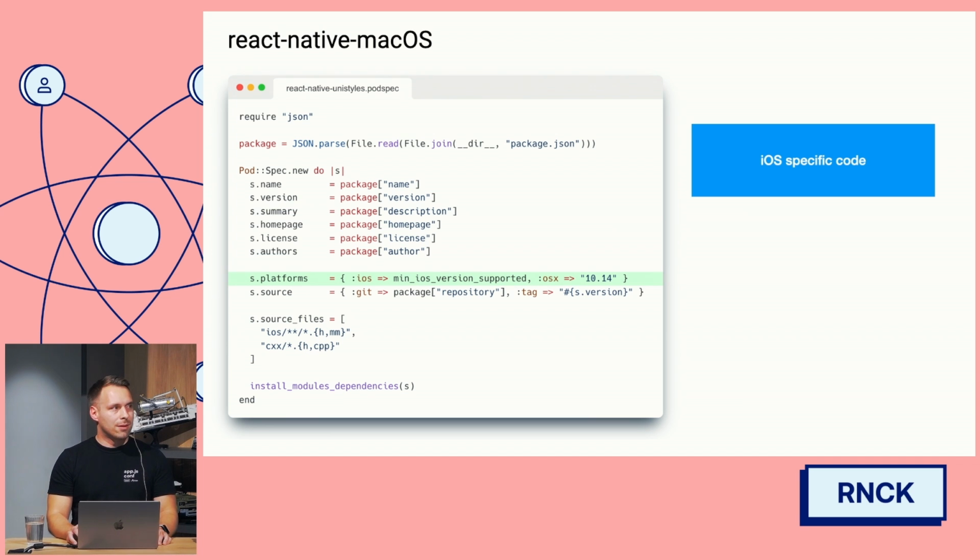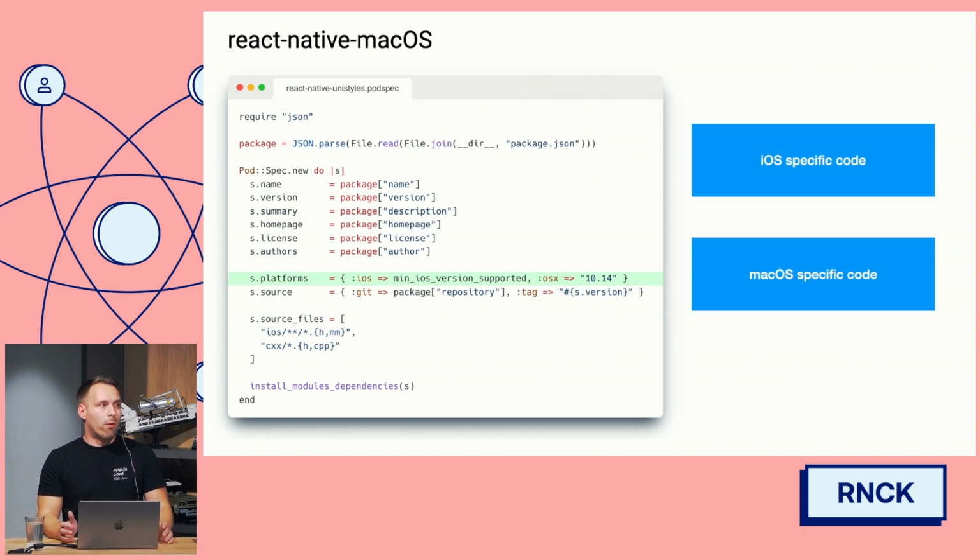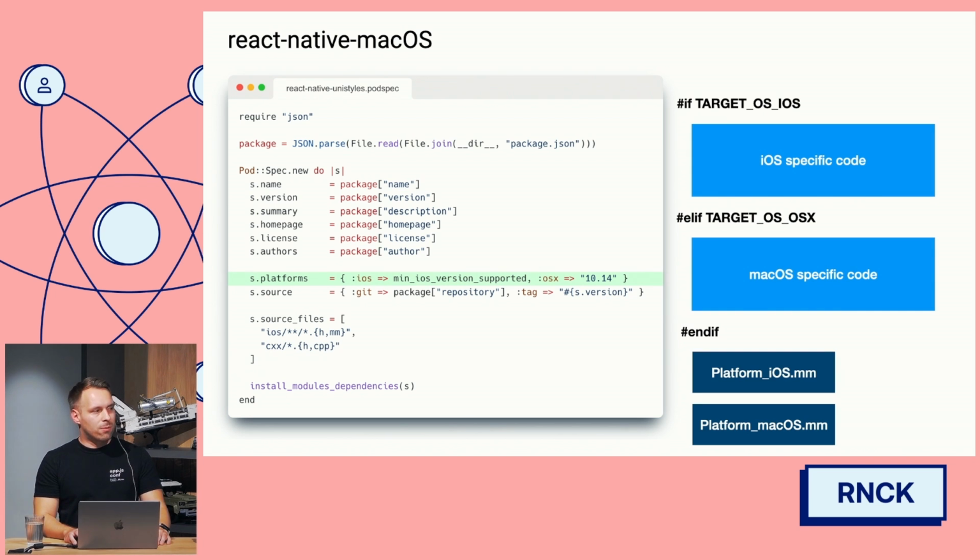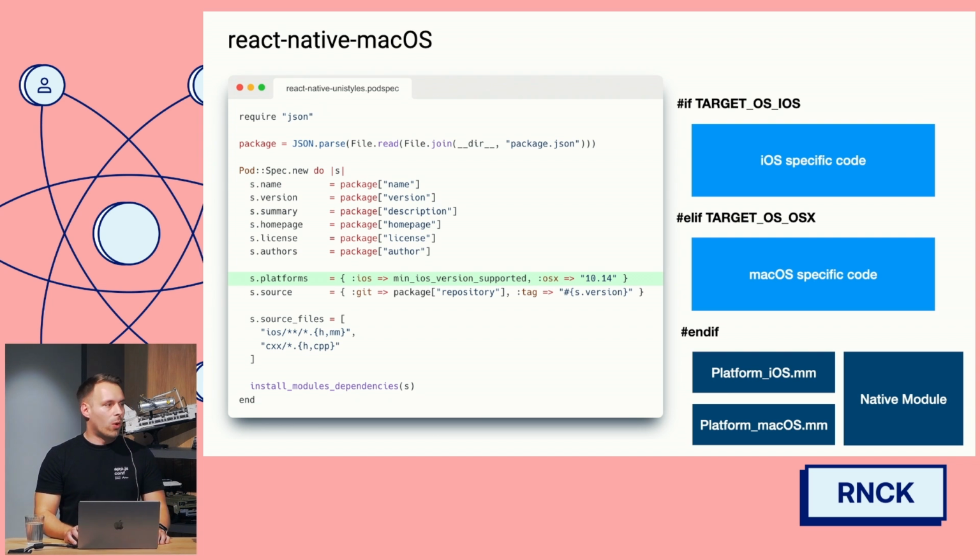Then you have some kind of iOS-specific code, because you have your native module, and you need to now cover the macOS-specific code. By default, you can do that with preprocessor directives, but you will have a lot of ifs in your code. So what I prefer is to create two files. One will be responsible for the iOS code, and the second one for the macOS code. And they can talk with the native module of Unistyles.